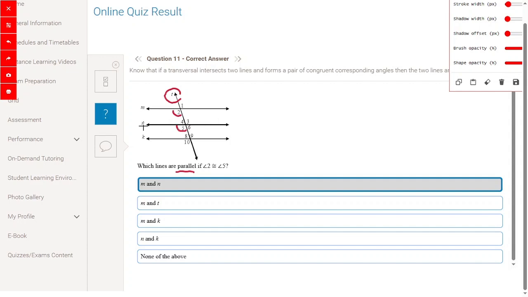We have this line M and line N. So between line M and N, angle 2 is interior angle and angle 5 is exterior angle. And these two angles are corresponding angles and they are congruent, so they are equal. So by default, line M and line N will be parallel. Line K is not related to these two angles. So the answer here will be line M and line N.